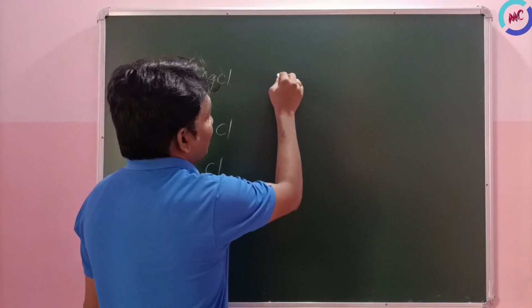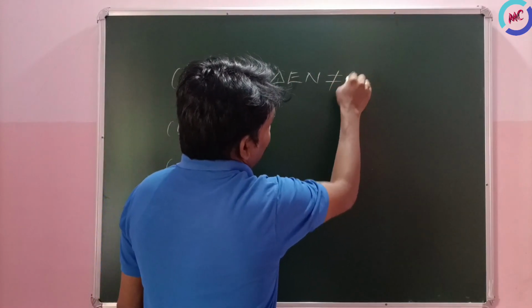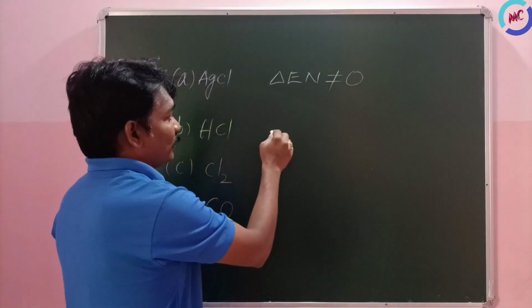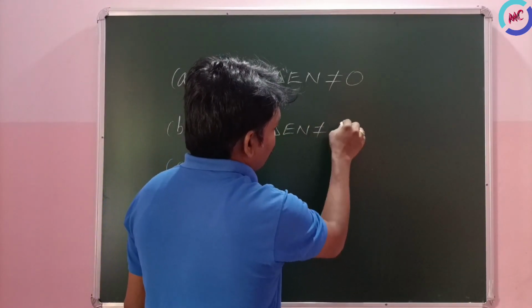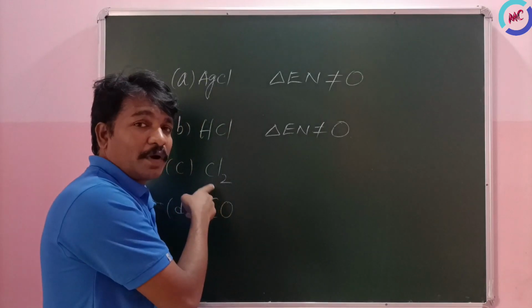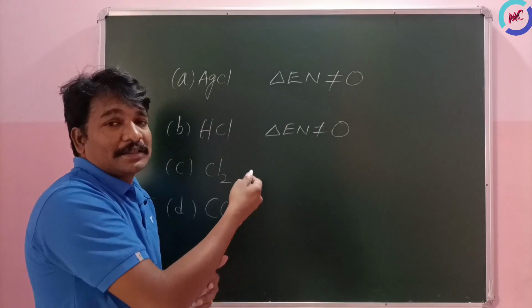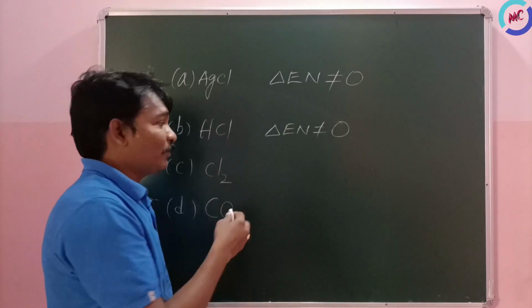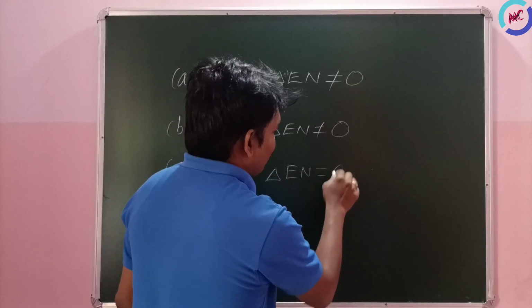That's why the difference in electronegativity is not equal to 0. And here also same thing. Electronegativity difference is not equal to 0. And here it is formed between 2 identical atoms. Means we have to subtract the same value from the same value. That's why the difference in electronegativity is equal to 0.